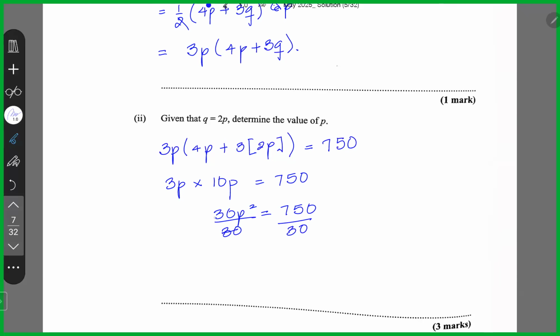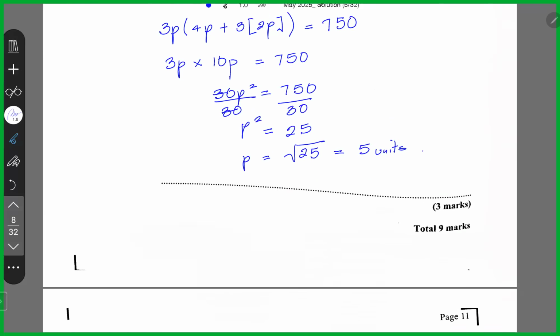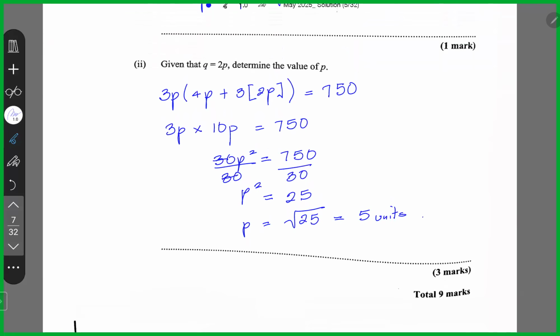And we get p squared is equal to 25. The opposite of square is square root, so p would be equal to the positive root of 25, and p is actually equal to 5 units. All right, and that is the end of question number 2.